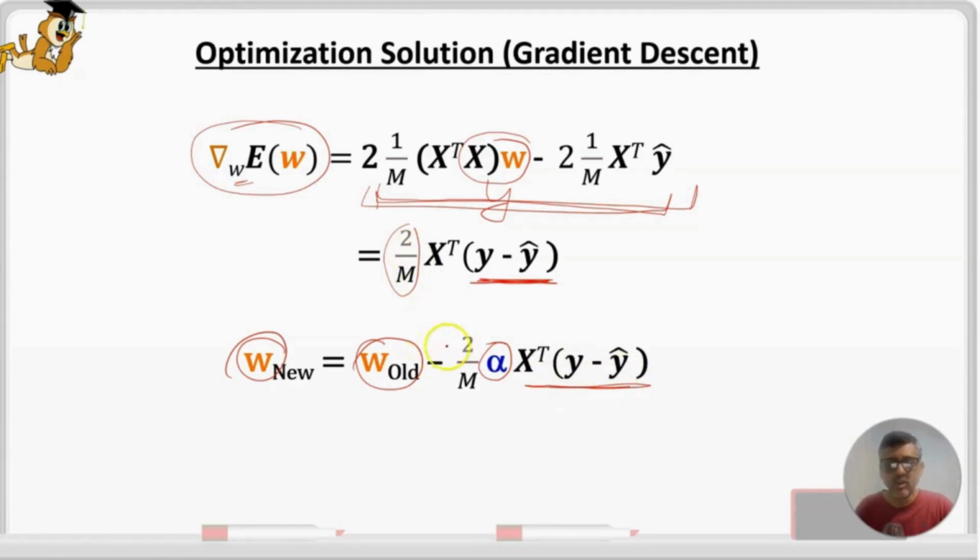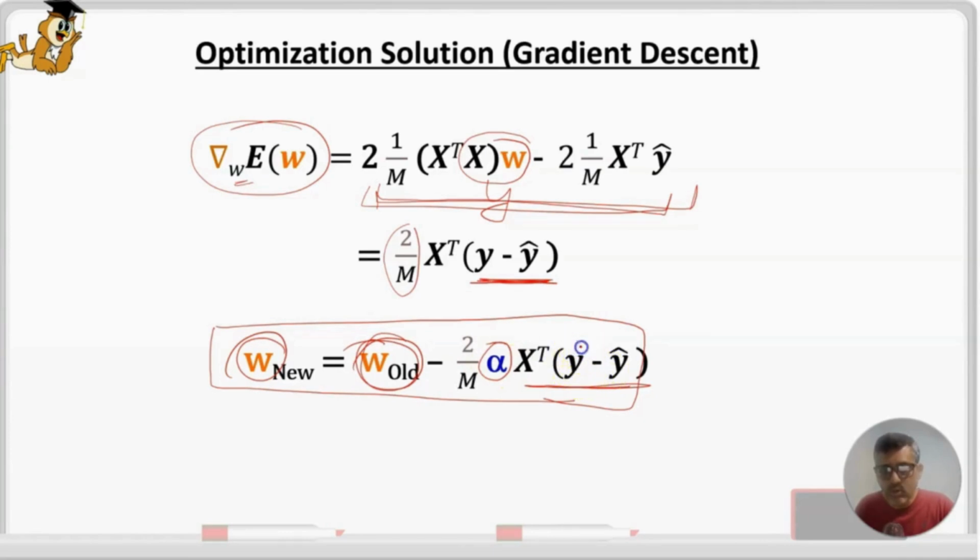So I am putting it over here. This really defines the iterations for your gradient descent algorithm. Your new vector of weights is calculated from the old vector of weights by using this formula.